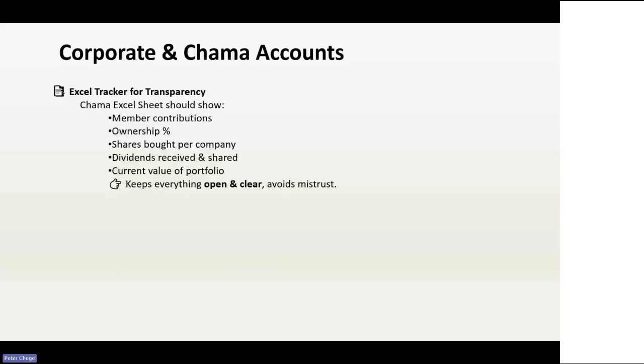So the tracker, again, member contribution, then ownership. Remember here you are buying shares. Even if you are buying as one figure, you need to know how much of that Safaricom shares each member owns. That depends on their contribution. So you need to track that if you can. Then shares bought per company, because you need to know Safaricom, how many shares do you have?